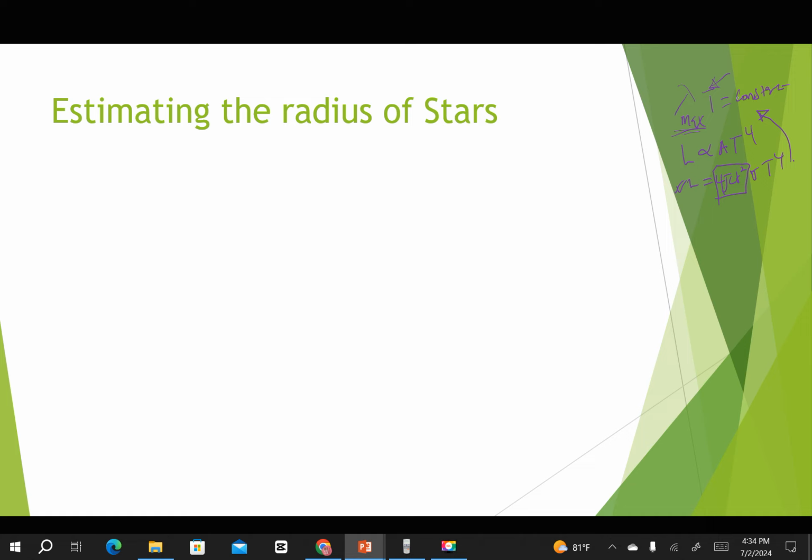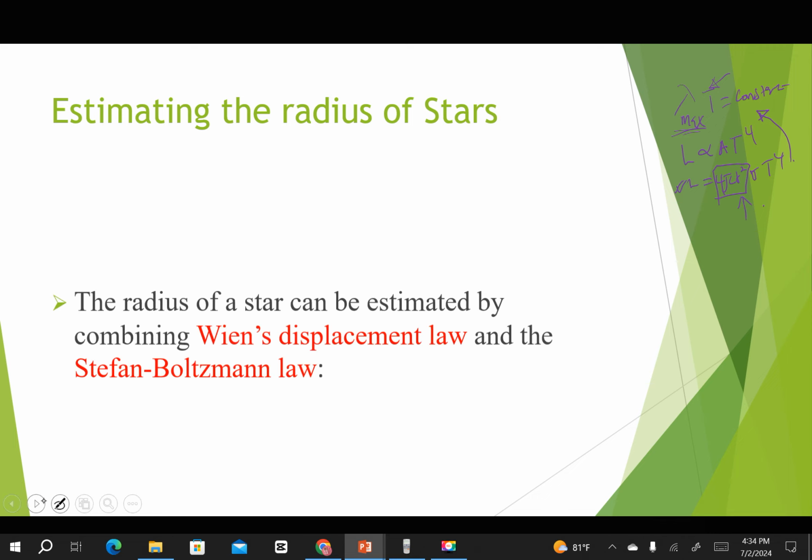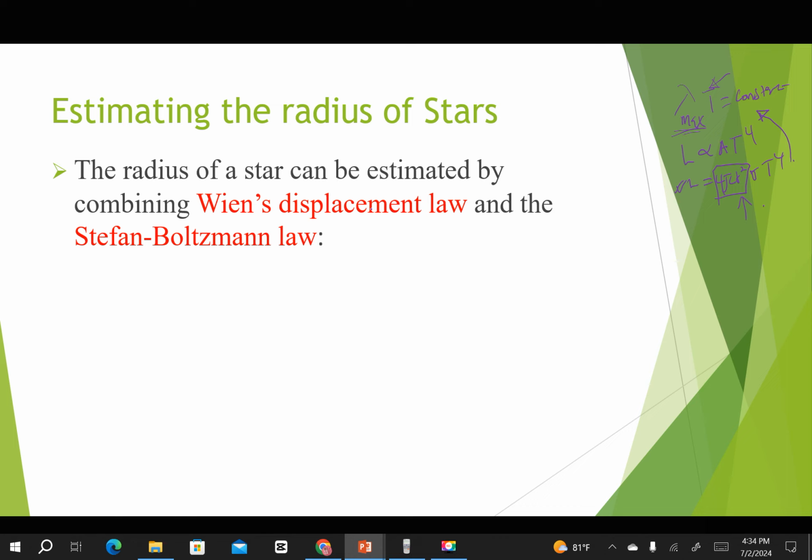And if the luminosity of the star is known, using Stefan Boltzmann's law, we should be able to estimate the radius of the star. So what am I saying here? The radius of a star can be estimated by combining Wien's displacement law and Stefan Boltzmann's law.